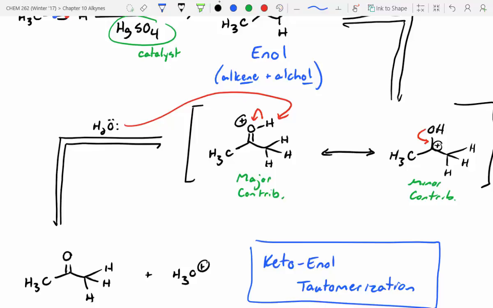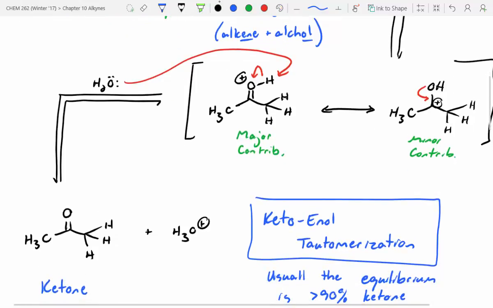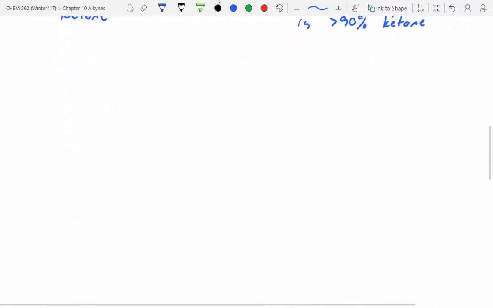So let's take a look at some example reactions with this. For this one, I want you guys to work through the mechanism. However, you can jump straight ahead to the enol.